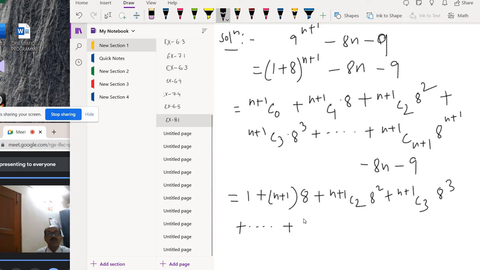So n plus 1 C n plus 1 means factorial n plus 1 by factorial n plus 1. You can write n plus 1 C n plus 1 also.